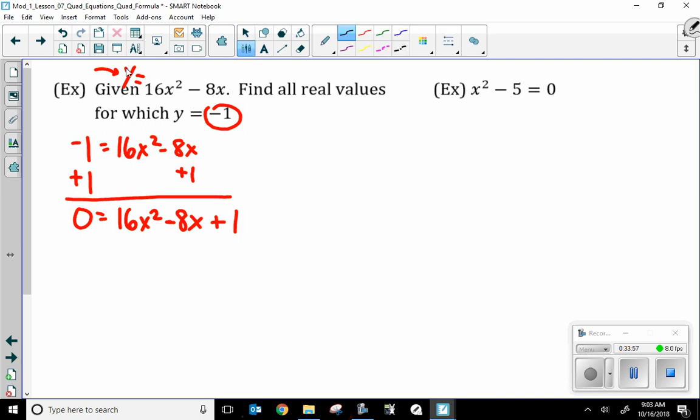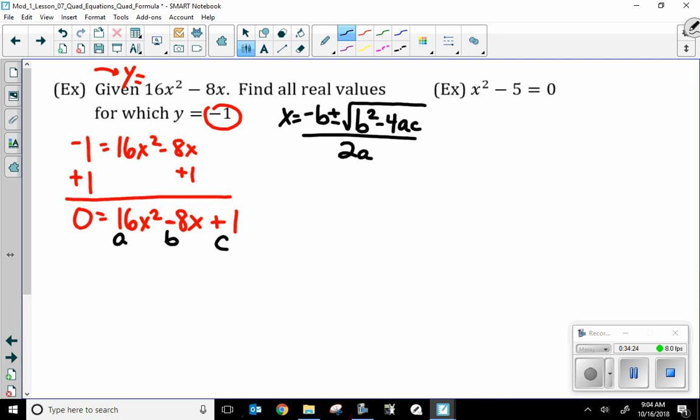Now, the quadratic formula: negative b plus or minus the square root of b squared minus 4ac all over 2a. Let's rewrite that so we have it in front of us. My a is 16. My b is negative 8. And my c is positive 1.